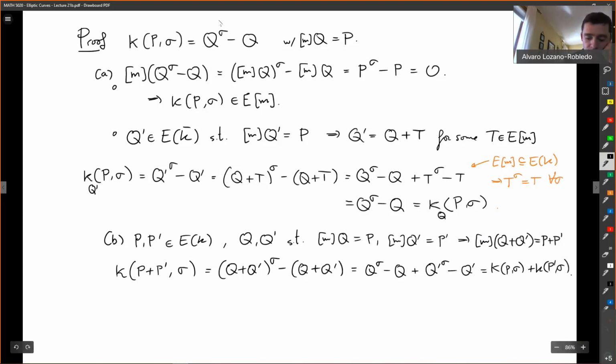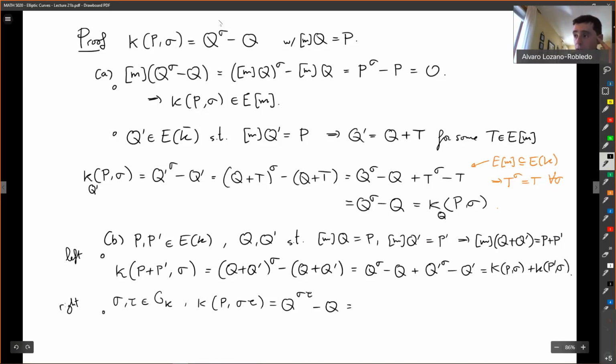Over on the right. So now I need some sigma and tau in the absolute Galois group, and apply kappa P of sigma tau. That will be Q with sigma tau minus Q. And then that will be Q sigma minus Q. That's what I wanted to appear, but I need the action of tau also.